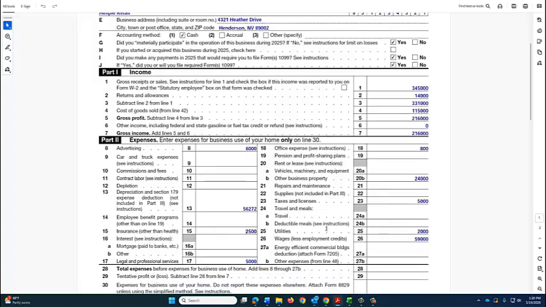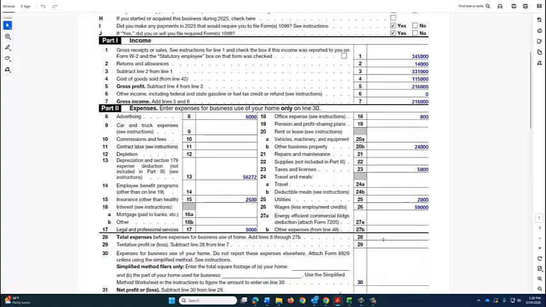Now we're ready to add up all of our expenses. So when we add lines 8 through 27B, total expenses come out to be $160,572. When we subtract the expenses from the gross income, we get a tentative profit of $55,428.